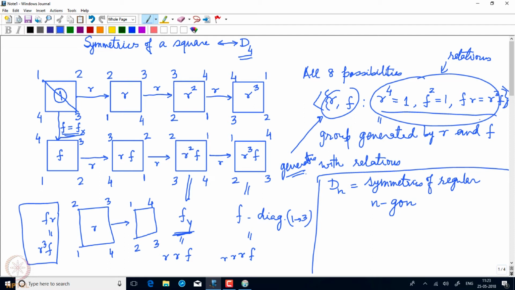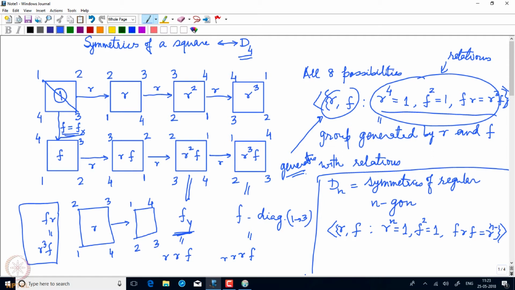Then the relations would be essentially similar, except for r and f, where r to the power n is 1, f square is 1, and then frf is r to the power n minus 1. So these are the relations there.